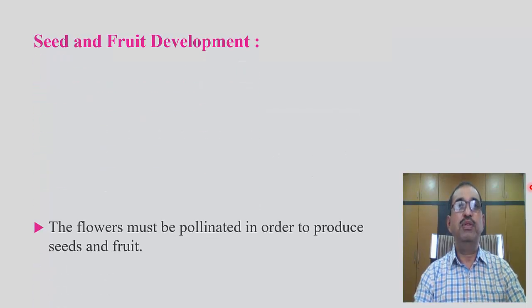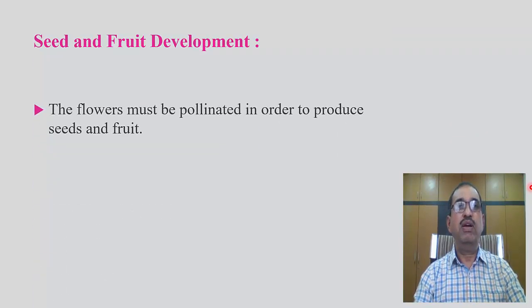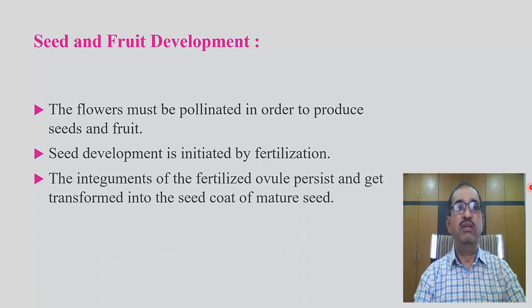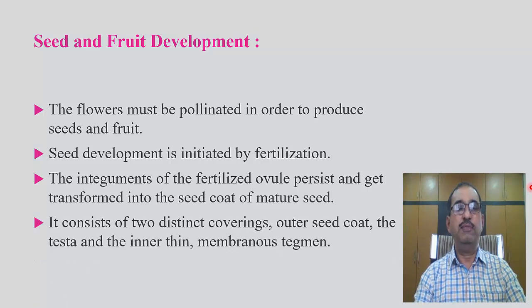Seed and fruit development. The flower must be pollinated in order to produce seeds and fruit. Seed development is initiated by fertilization. The integuments of the fertilized ovule persist and get transformed into the seed coat of the mature seed.